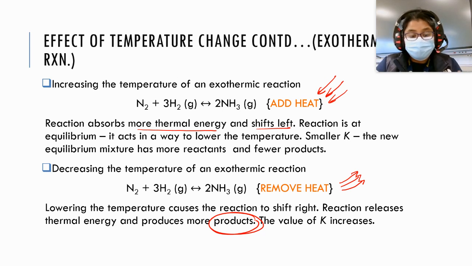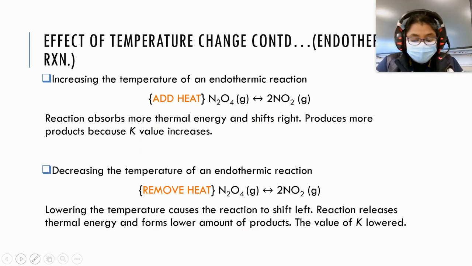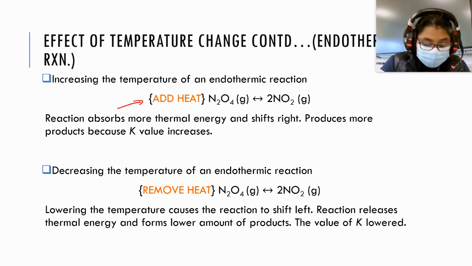So you want to cool down an exothermic reaction to make the K larger and to get more products. It'll literally drive the reaction to a new equilibrium constant that is larger, which means you'll get more products.